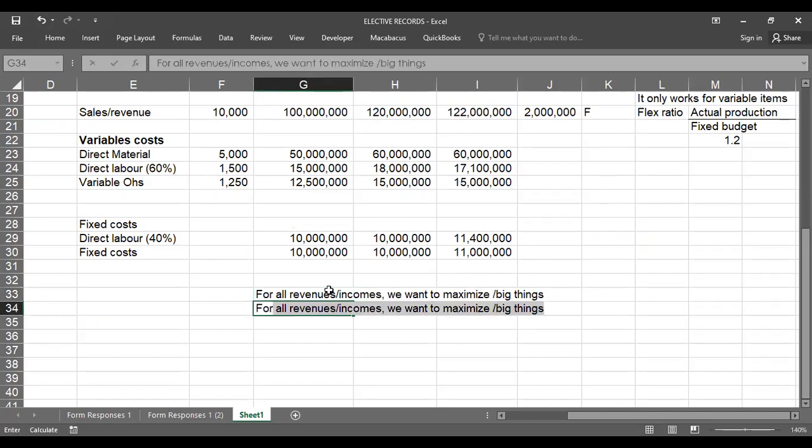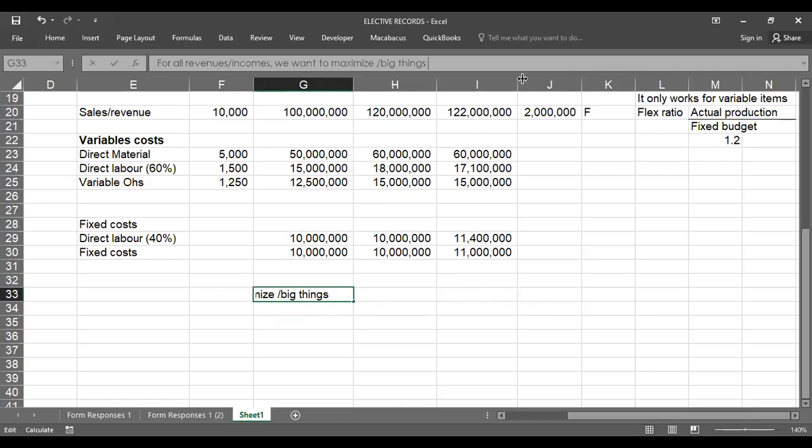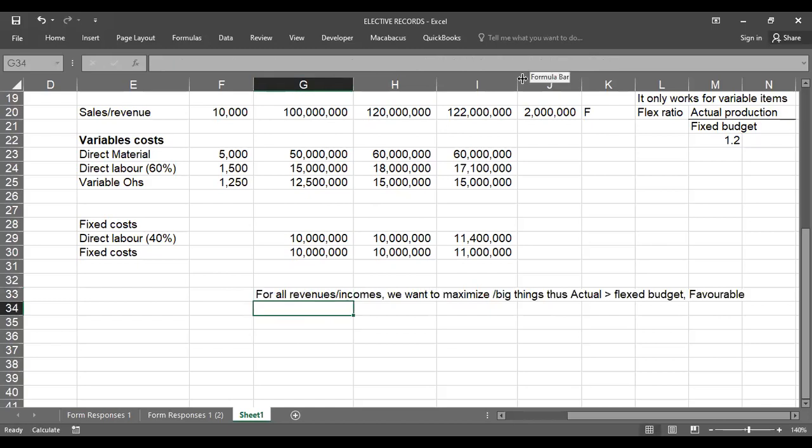Because we want big things, we are saying that if actual is greater than budgeted, emphasize flexed budget, this is good, this is favorable, because we want big things. The reverse is true.